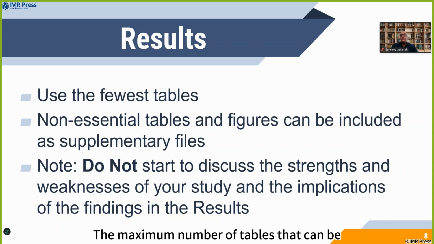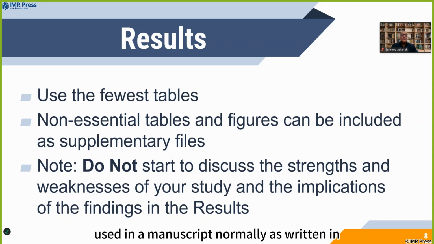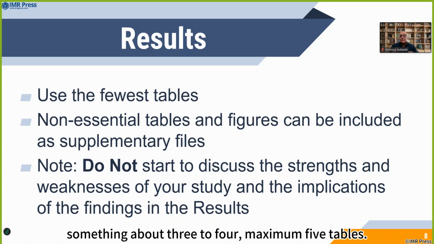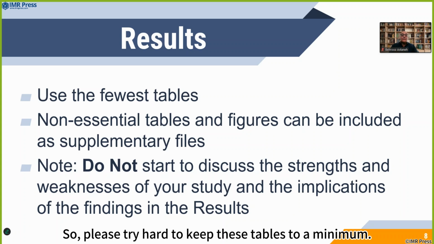The maximum number of tables that can be used in a manuscript normally, as written in many instructions to authors of different journals, is something about 3 to 4, maximum 5 tables. So please try hard to keep these tables to the minimum.